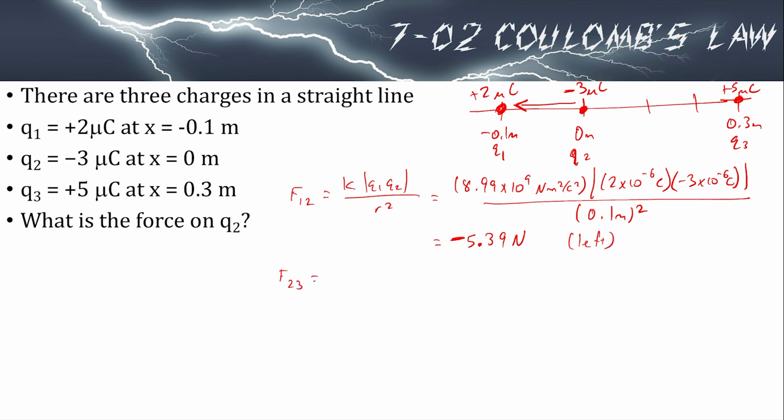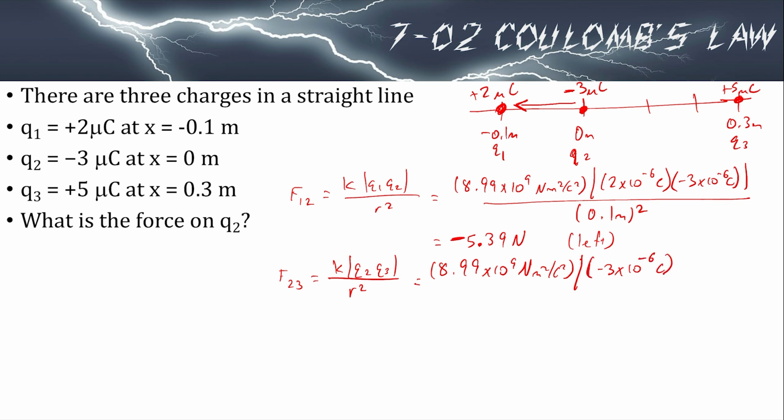All right, let's do the forces between 2 and 3. So it'd be Q2 and Q3 this time. k is still 8.99 times 10 to the 9. Q2 is negative 3 times 10 to the negative 6.